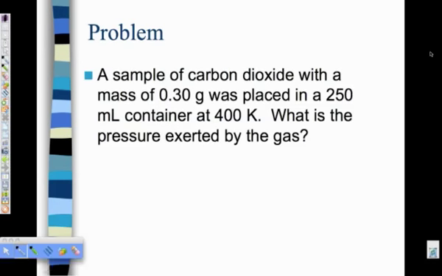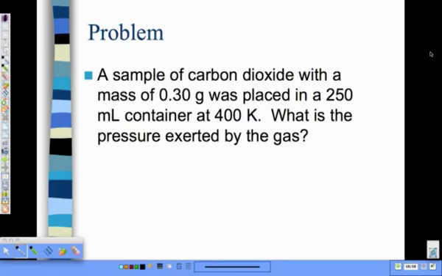A sample of carbon dioxide with a mass of 0.3 grams is placed in a 250 milliliter container at 400 Kelvin. What's the pressure exerted by the gas? So this time it's a little backwards from the last two. They're giving us grams. We're going to have to convert that to moles first and then plug that into our equation.